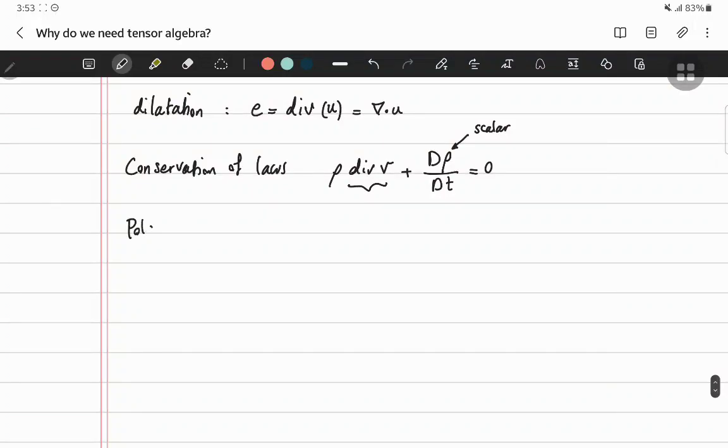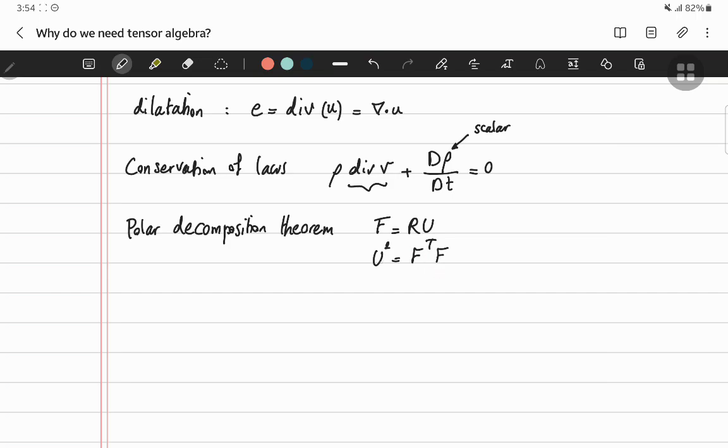Next, we have some other concepts like the polar decomposition theorem, where you have F equal to RU, and for example U squared is equal to F transpose F. So this is the deformation gradient, and you should know what is the transpose of a tensor.